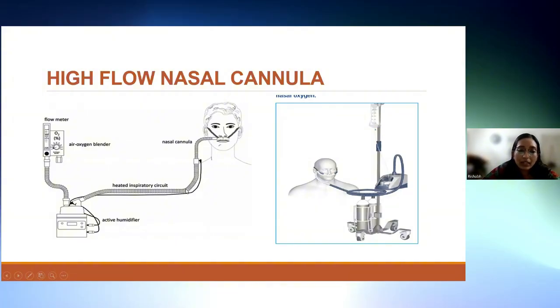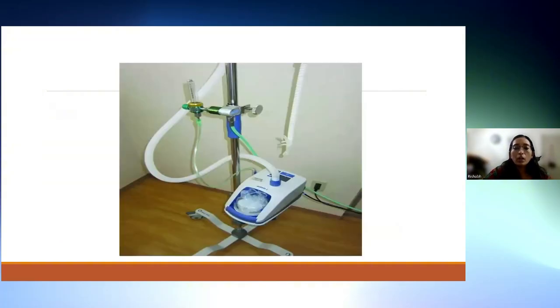So this warm gas passes through the circuit and the temperature is maintained. What the patient gets is 100% FiO2, 100% oxygen, humidified at a temperature of 35 to 37 degrees Celsius, with a flow of 60 liters per minute, which is a requirement in a case of distress.